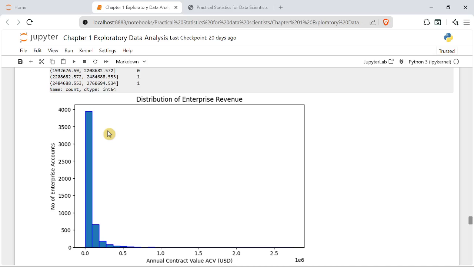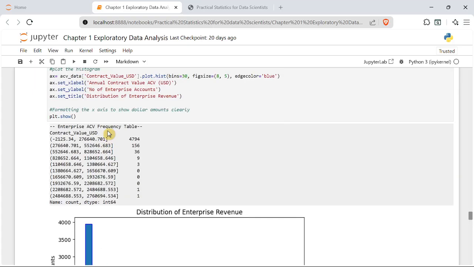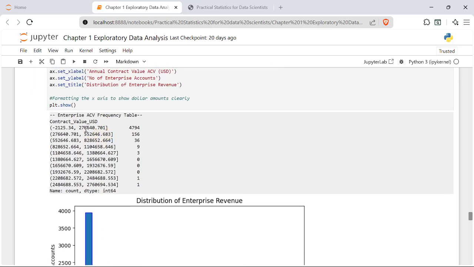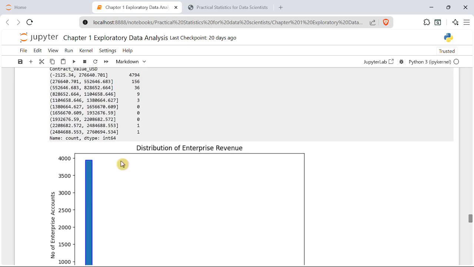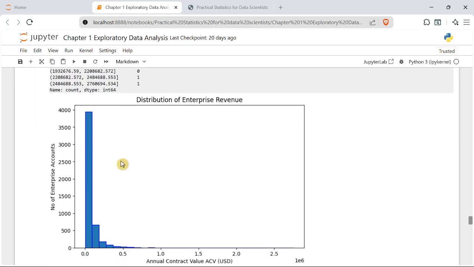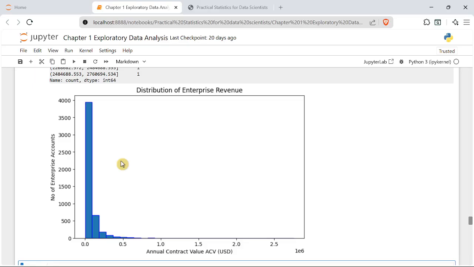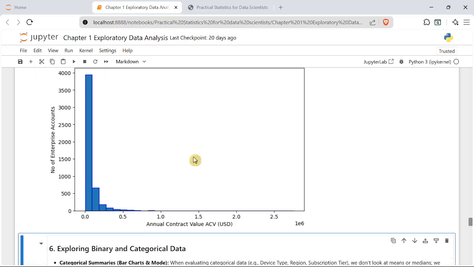A velocity team optimized for churning through standard deals of around 250,000, and a strategic enterprise team dedicated entirely to hunting and closing that long tail of outliers.